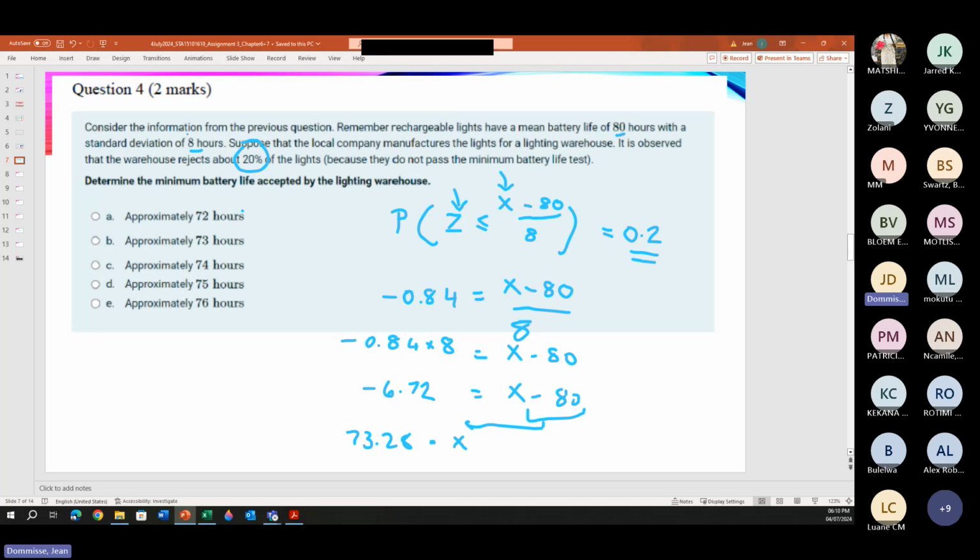To consider information from, suppose that the local company manufactures the lights for lighting a warehouse, and it is observed that... determine the minimum battery life accepted by the warehouse. It will be very interesting to know what the answer is to this one, because normally I would want to say round it off to the nearest number, which is 73.